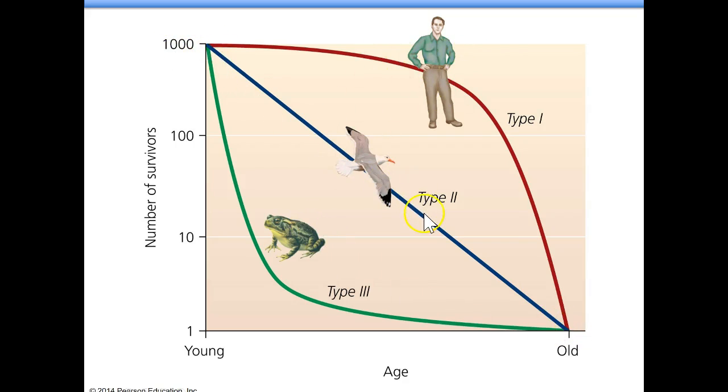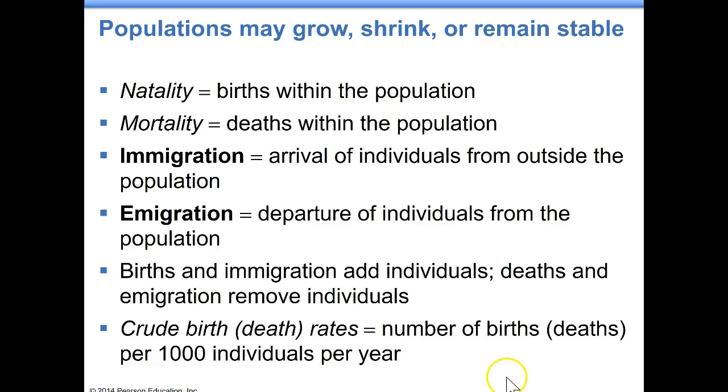Here's the type 2 that's steady, and then here is where we look at frogs that don't have a very long life cycle, and tadpoles. A lot of tadpoles die at a young age. They don't survive. So those are the survivorship curves that ecologists will try to understand within populations.